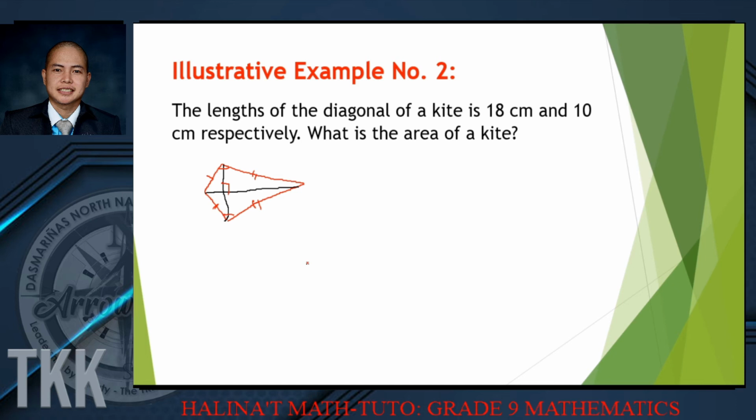So what is the area of a kite? The question is, what is the area of a kite given 18 centimeter and 10 centimeter? So we write in the figure para medyo kita natin. Let's have other color. So this becomes 18 centimeter and 10 centimeter.